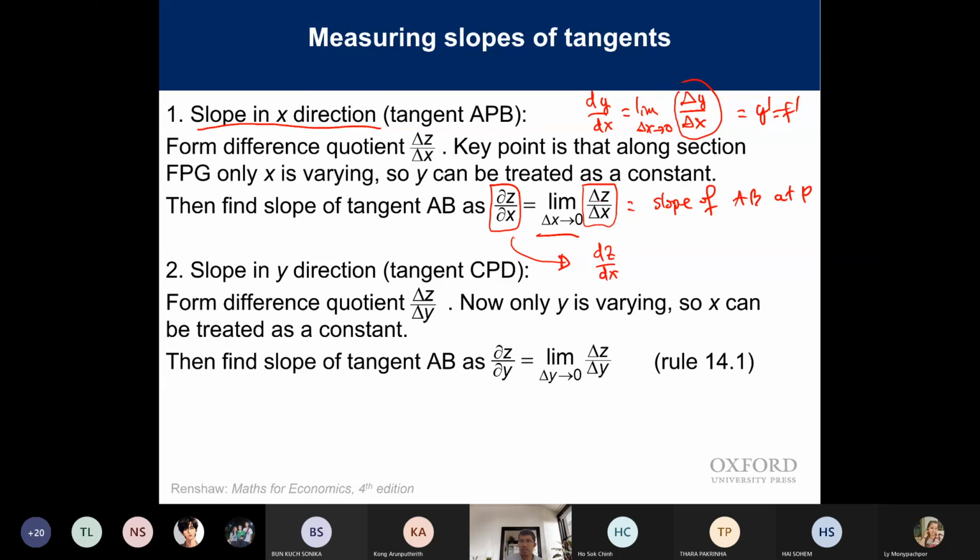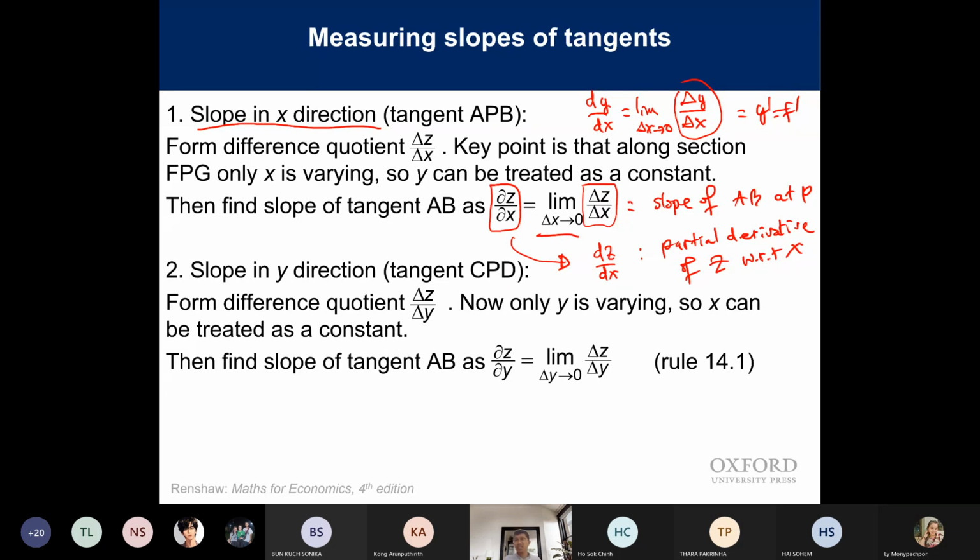As you can see, delta means difference. So when it comes to a small difference, we just replace delta by d. But now we replace it by the curly d rather than d, and we refer to this as partial derivative. Okay, derivative of z with respect to x.